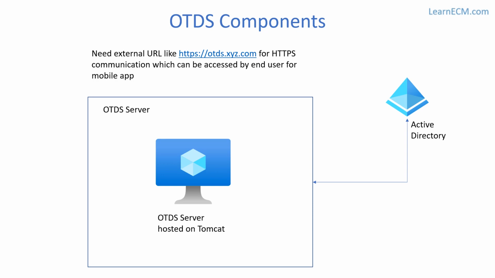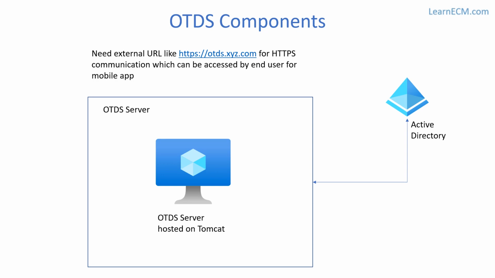One is directly through OTDS inbuilt authentication, or if you want to use other authentication mechanisms like SAML or Windows authentication, those are implemented using OTDS itself, and AppWorks will communicate with OTDS to do all those authentications. And this OTDS can be connected to an Active Directory or an LDAP for synchronizing the users, where the organizations have maintained their user base.